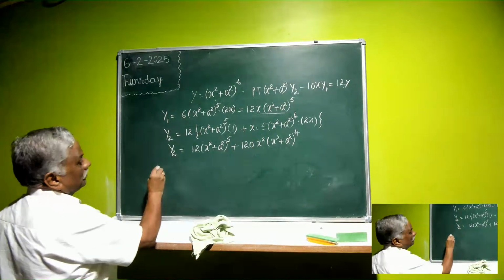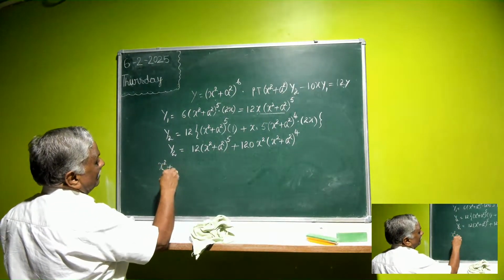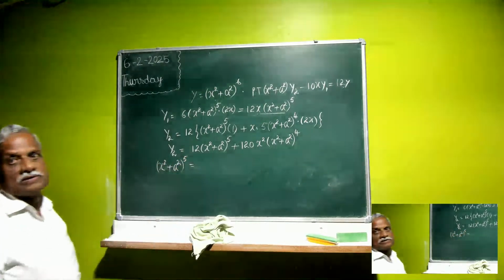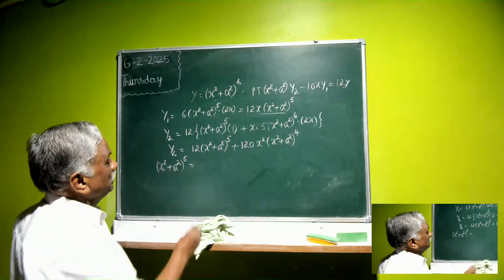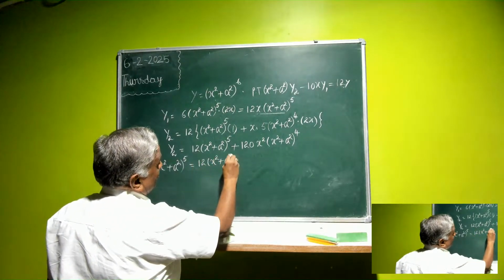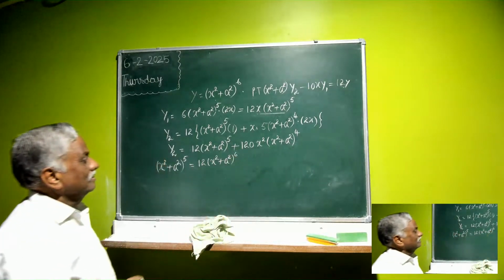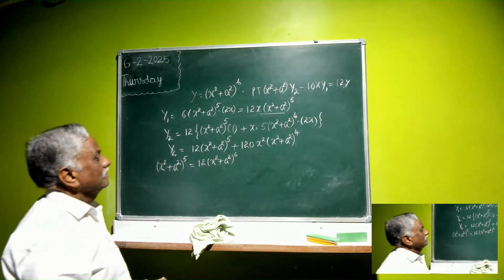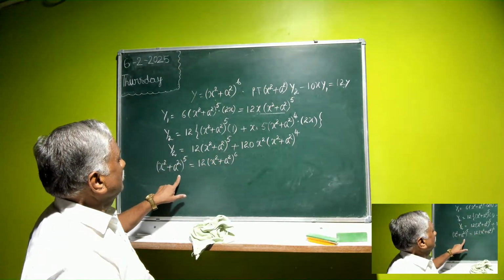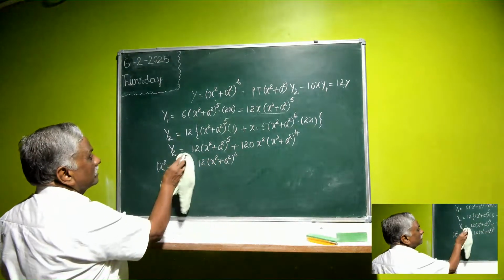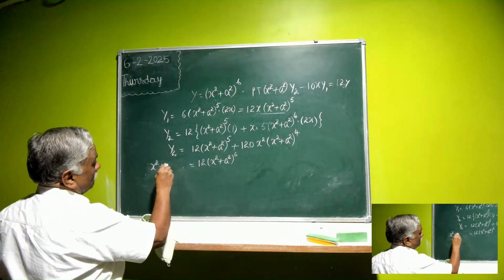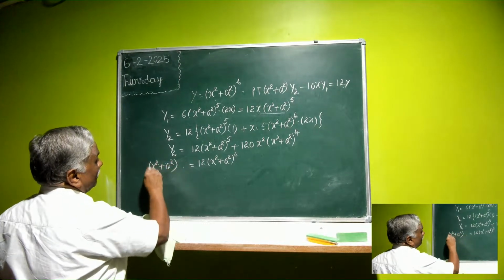What is asked in the problem? (x square plus a square) into y2, not 5.